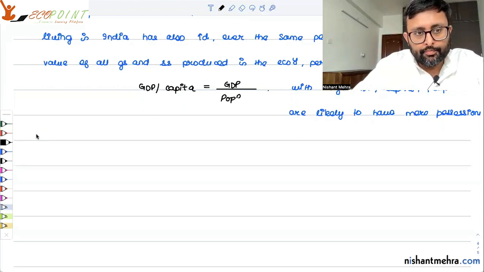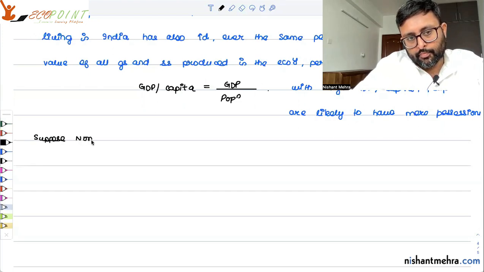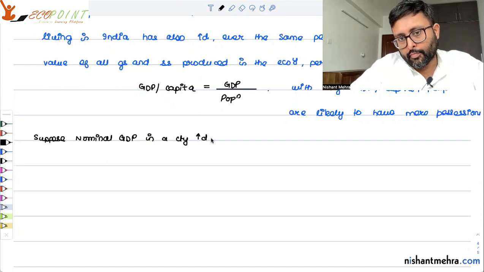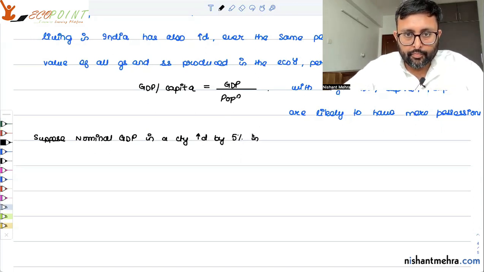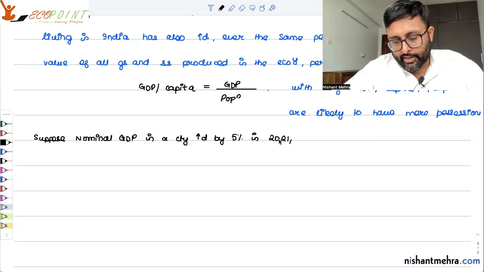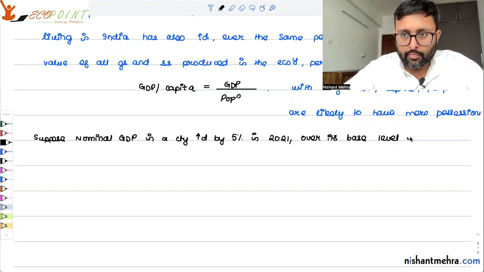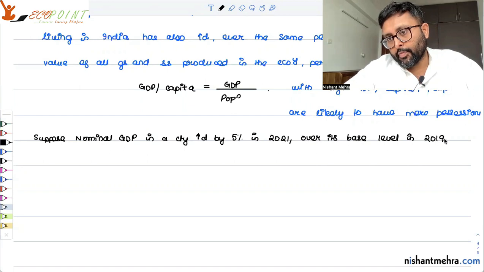Please write the question. Suppose nominal GDP in a country increased by 5% in 2021 over its base level in 2019.